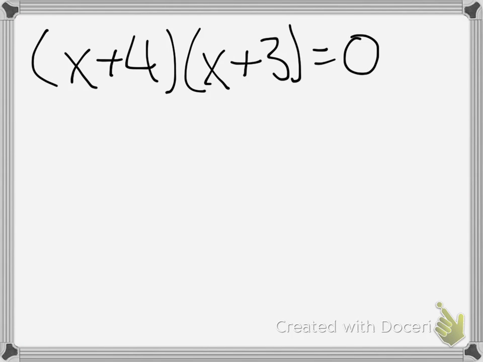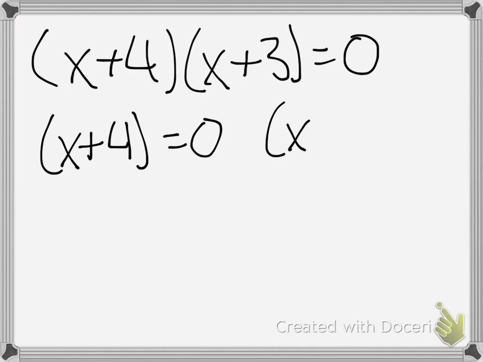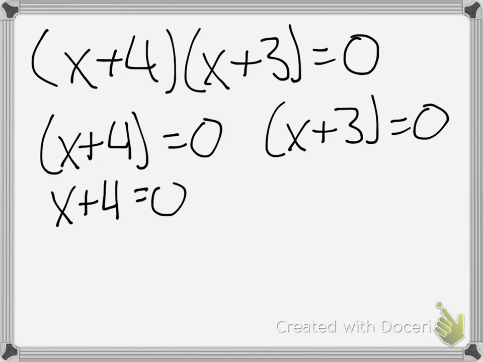So now let's look back at that equation that we just got from factoring. x plus 4 times x plus 3 equals 0. That means I have either x plus 4 equals 0 or x plus 3 equals 0. Now I can solve for x. x plus 4 equals 0.